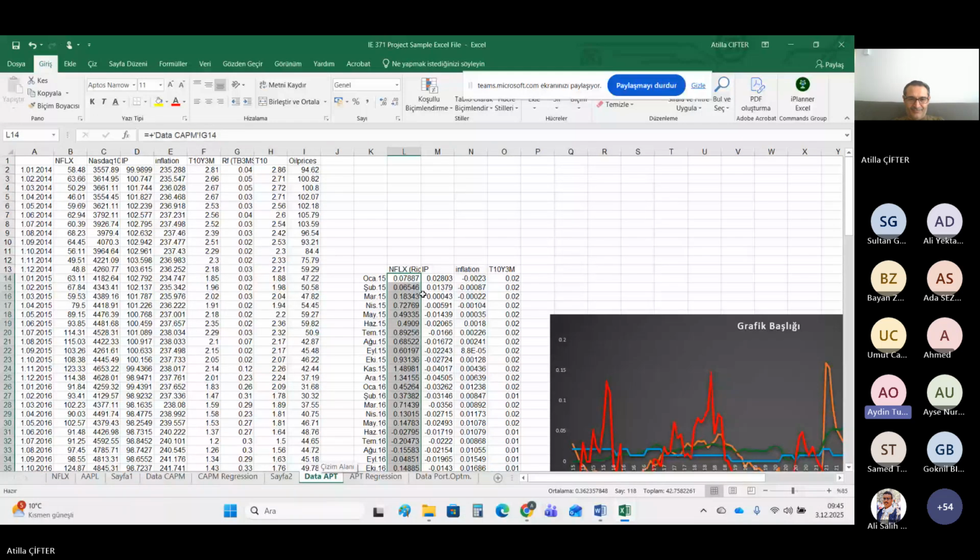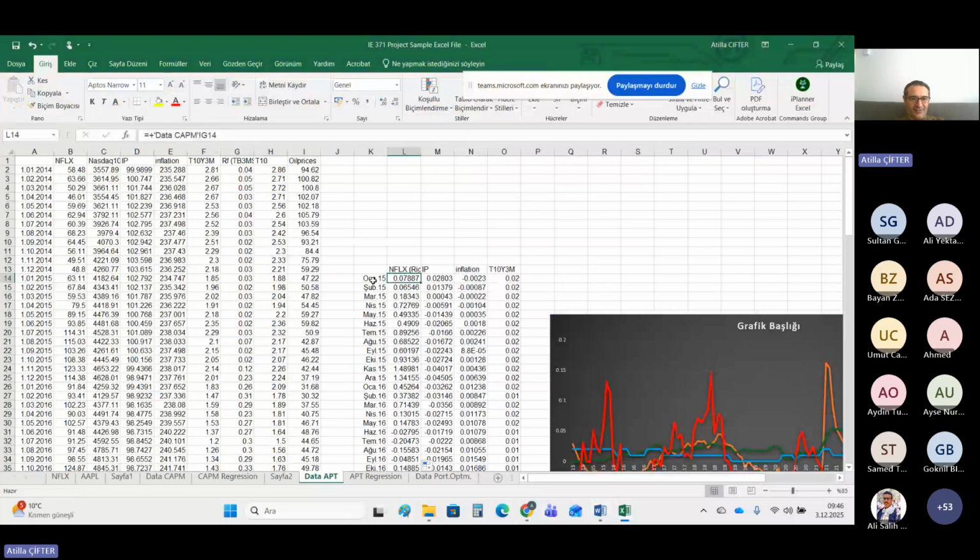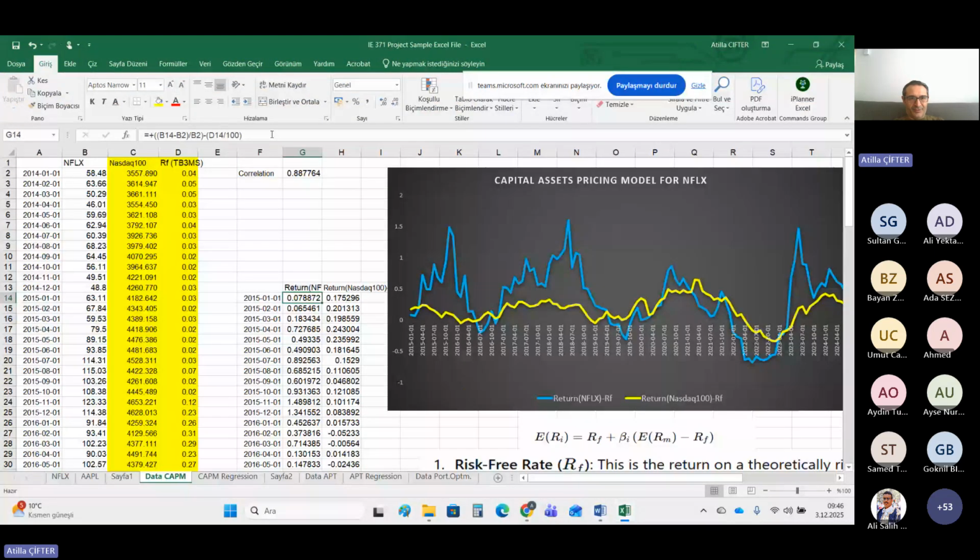Hocam, yes, but we didn't define any formula. So how can it automatically calculate excess return without knowing the formula? Okay, here let's look at CAPM. Can you see the formula here?